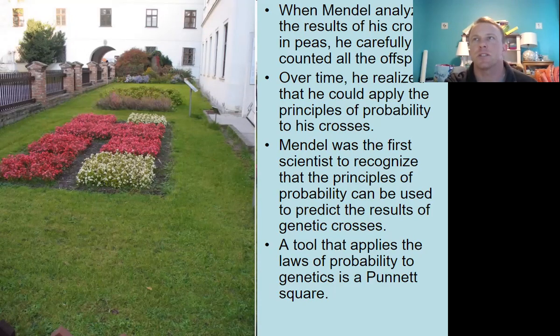Over time, he realized that he could apply the principles of probability to his crosses. Mendel was the first scientist to recognize that the principles of probability could be used to predict the results of genetic crosses, hence the Punnett square. One thing that we covered today was that there's roughly a 25% chance of the double recessive gene showing up, right? With two hybrids, same thing.